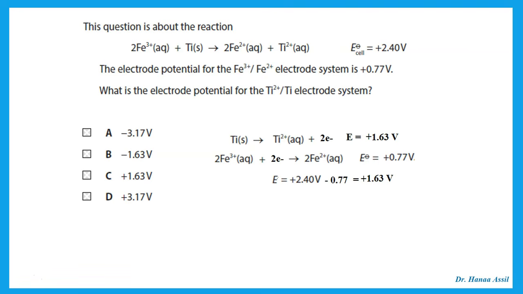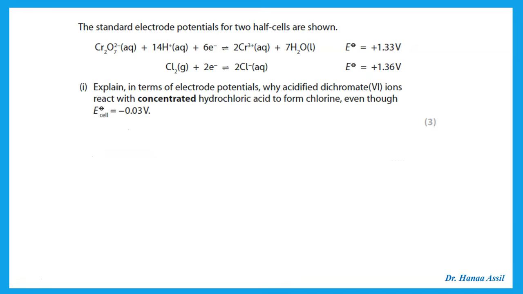From titanium solid to titanium 2 plus, the oxidation reaction has an E of plus 1.63. That means the reduction potential we're looking for, the electrode system, is minus 1.63. Remember, we're looking for reduction potentials.